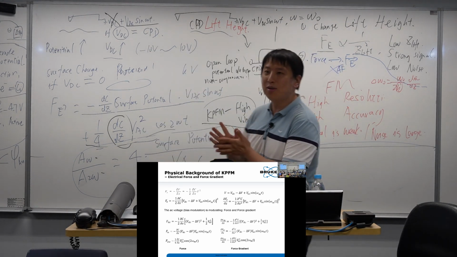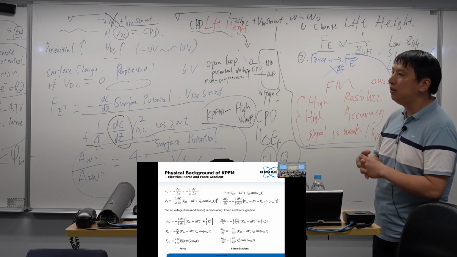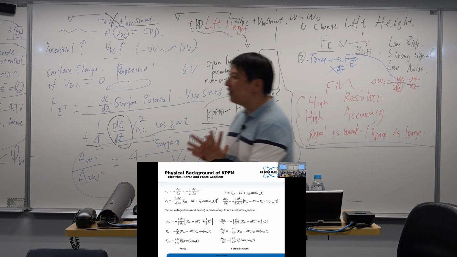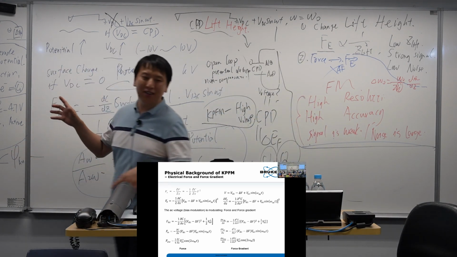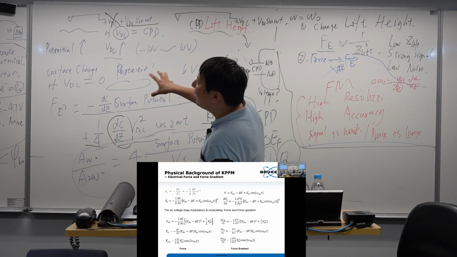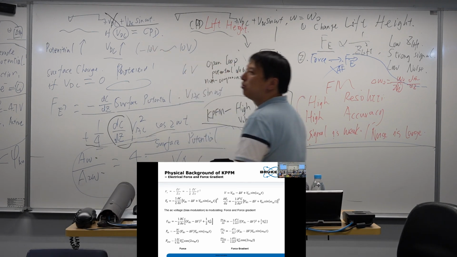I think that's all the topics about KPFM in the afternoon. I think it's not easier than the EFM, but it's more useful because it gives us values, and these values are related to the properties.